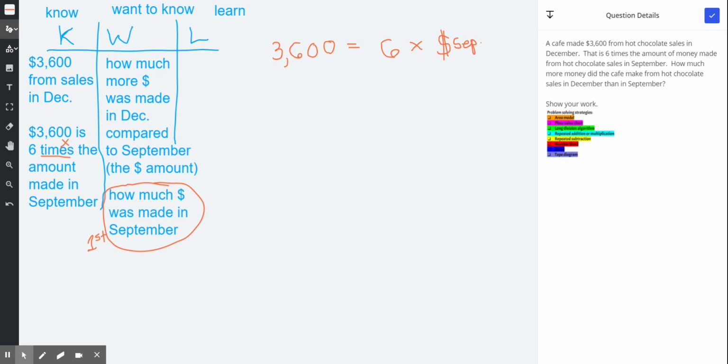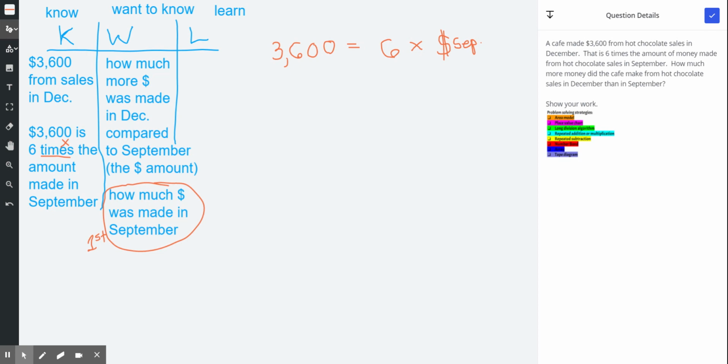All right. So we are multiplying in this number sentence I just made. But I made my number sentence by matching up what I know from my word problem. So this is one example of creating number sentences to help solve word problems.